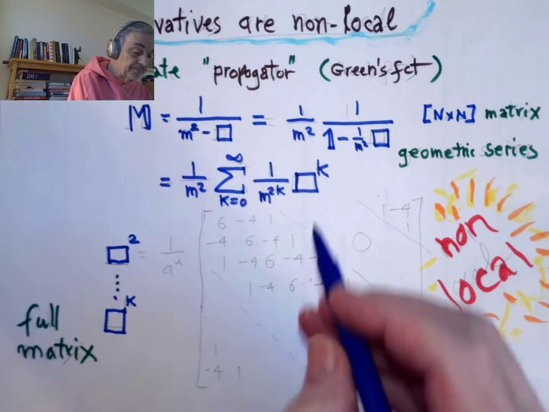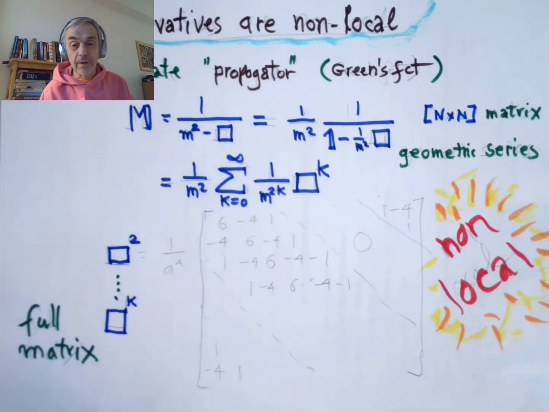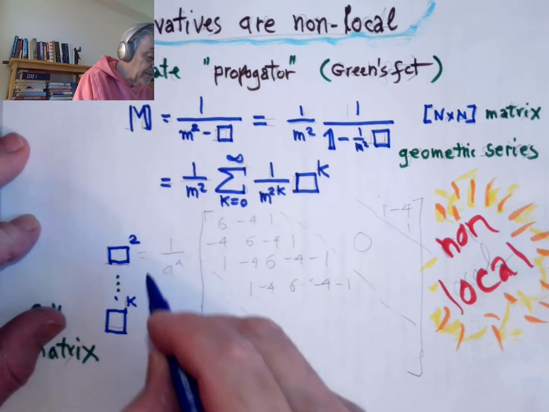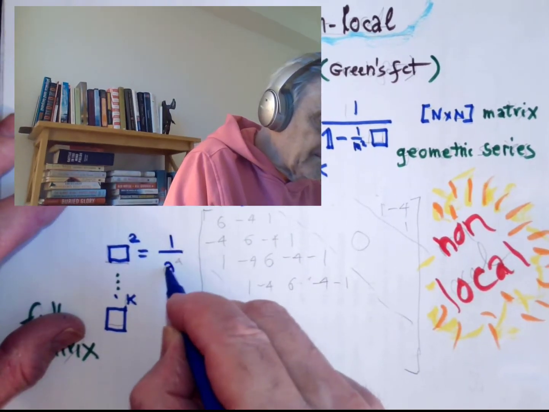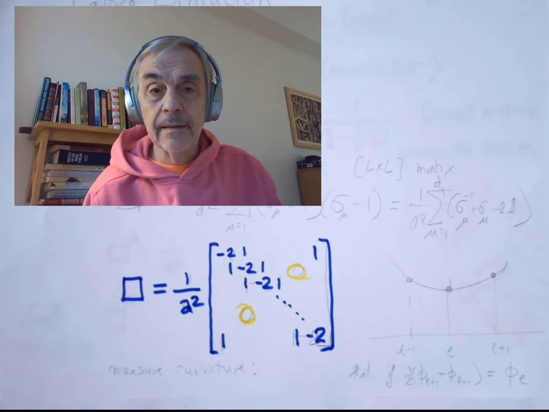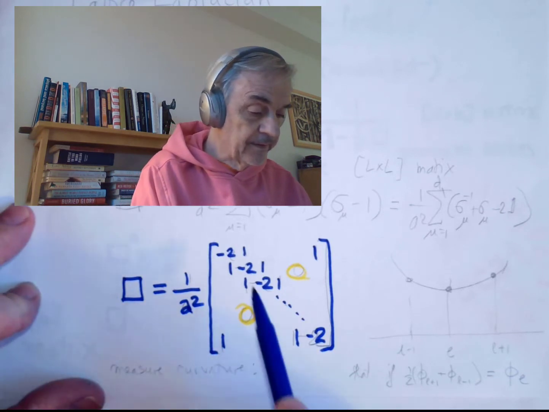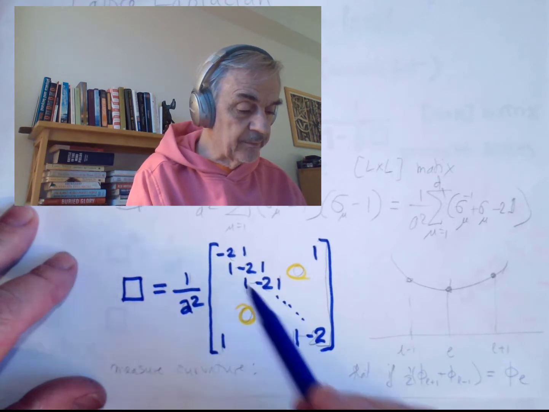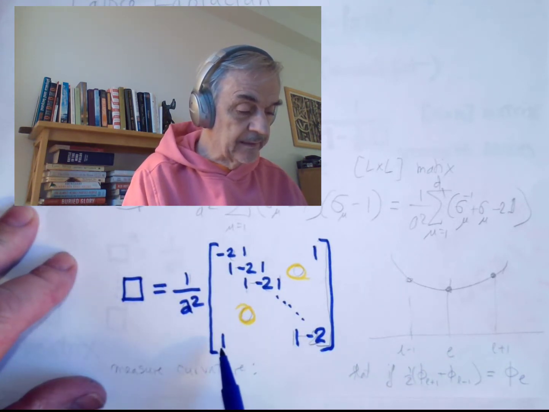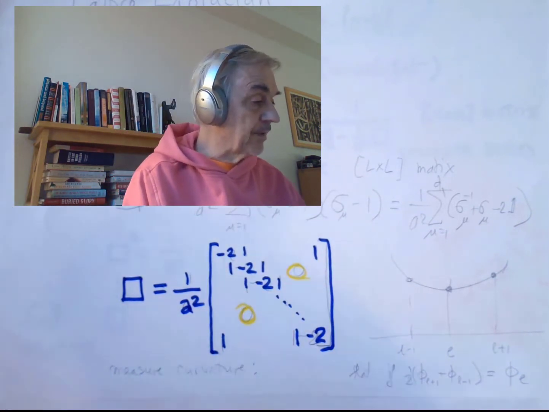So for example, if k equals 1, I have my usual Laplacian. But if k equals 2, I have to evaluate the square of the Laplacian. That's easy. If you remember, the Laplacian was a tridiagonal matrix. It has minus 2's on the diagonal, and then 1's above and 1's below, and 1's in the corners to assure periodicity, periodic boundary conditions.